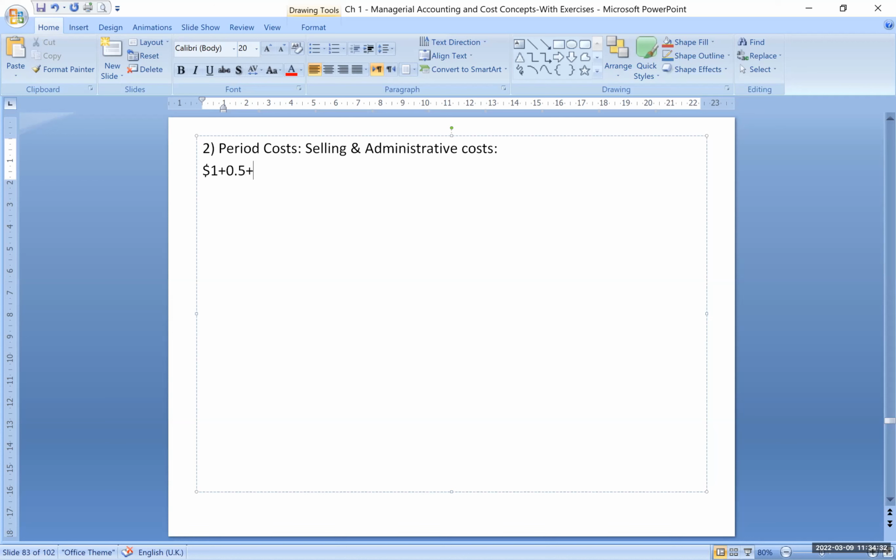The point here, by the way, you can say all selling and administrative per 1 unit multiply by the 20,000 units.